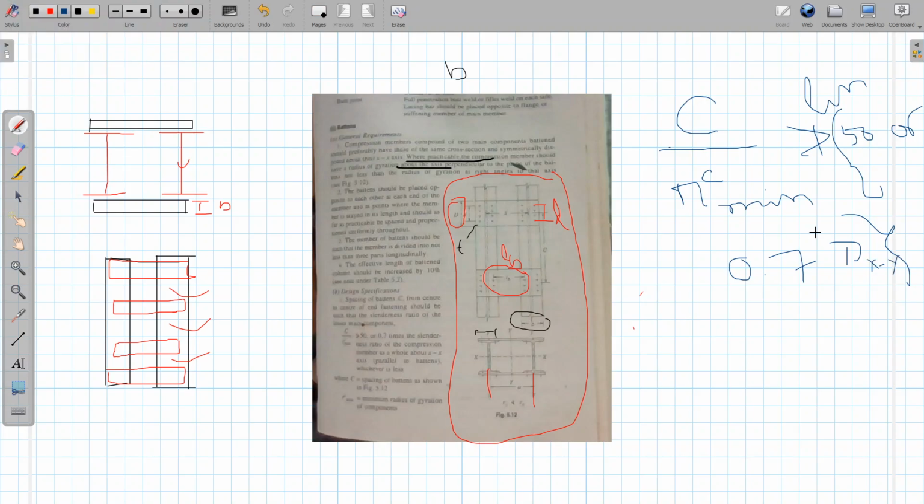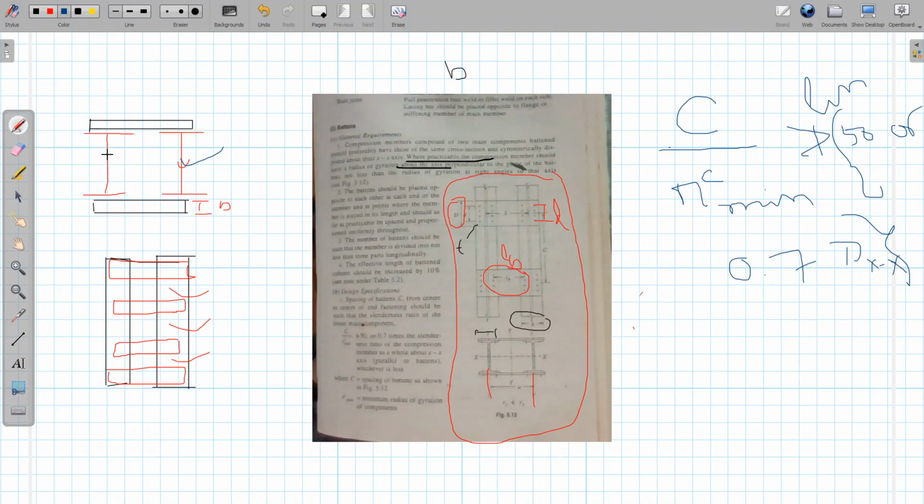Now what is this RC minimum? RC minimum is the minimum radius of gyration of the column member. Since we have this column member or this column member, the dimensions will be the same. So you find out the minimum radius of gyration of this column member.